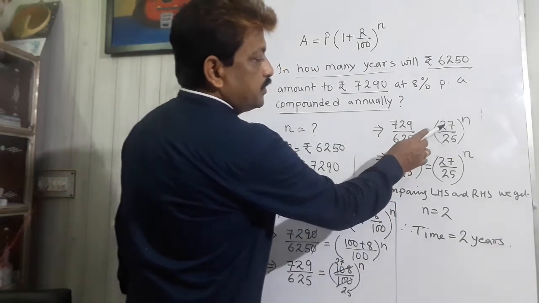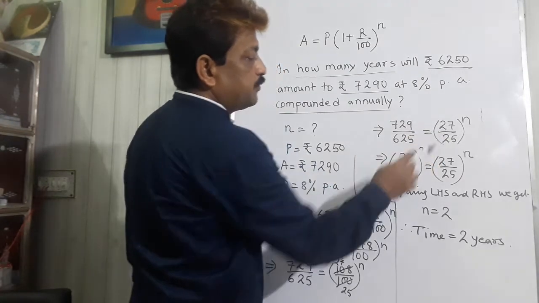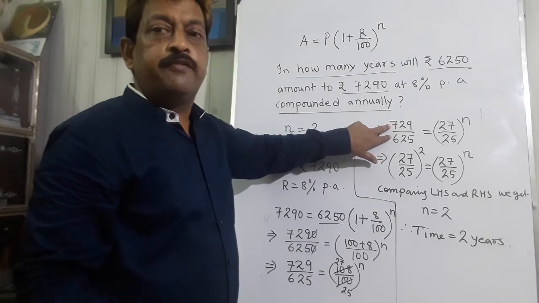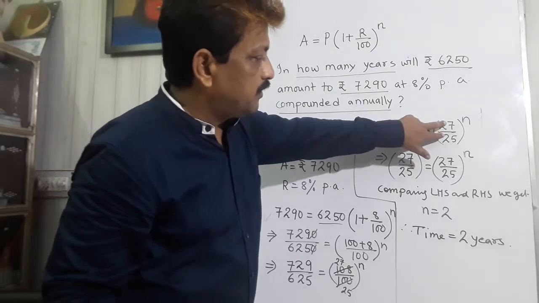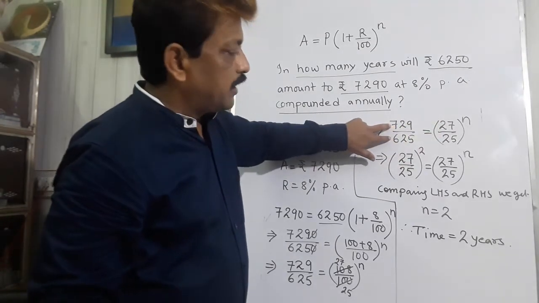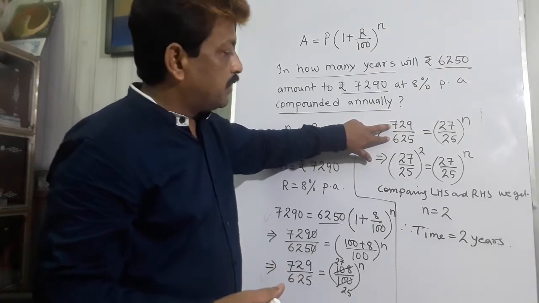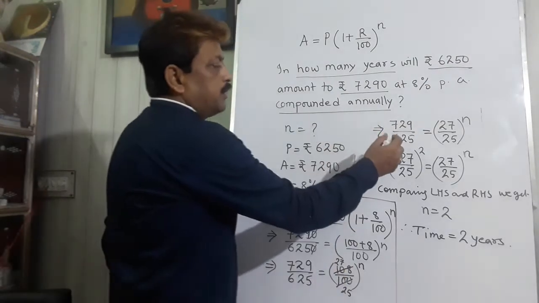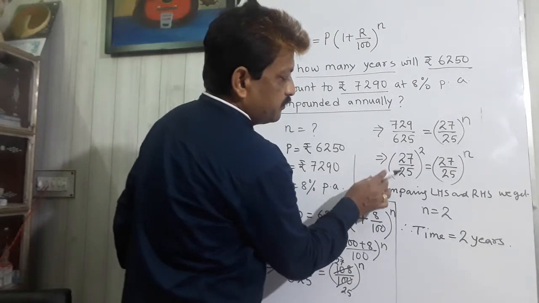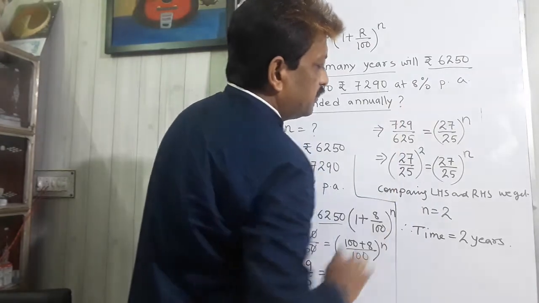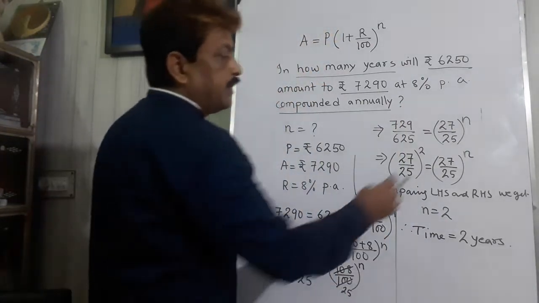Since the base is 27 upon 25, I have to write down this side also in the same form. Whatever base is there, we have to write on the left hand side the same thing with the power. So 729 by 625 can be written as 27 upon 25 to the power 2, and this side is already 27 upon 25 to the power n.